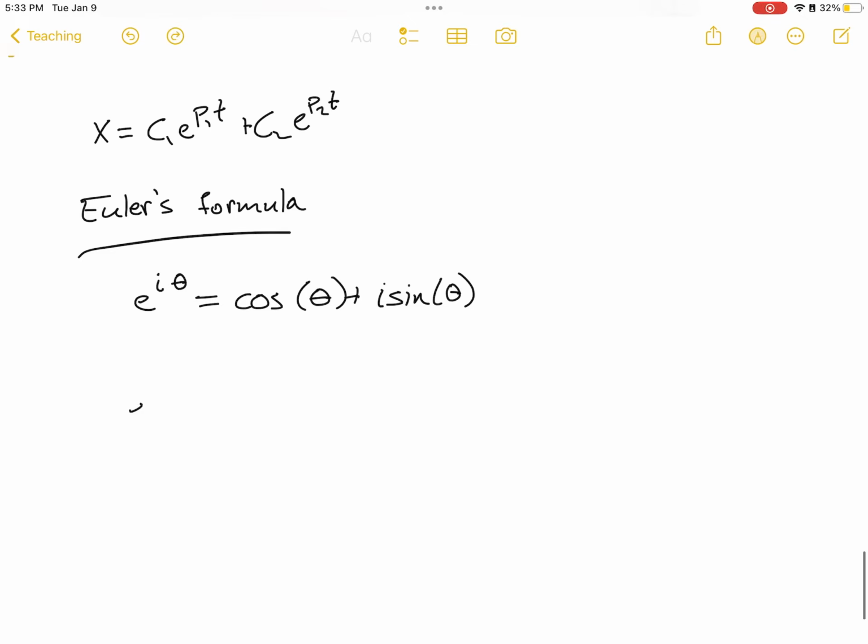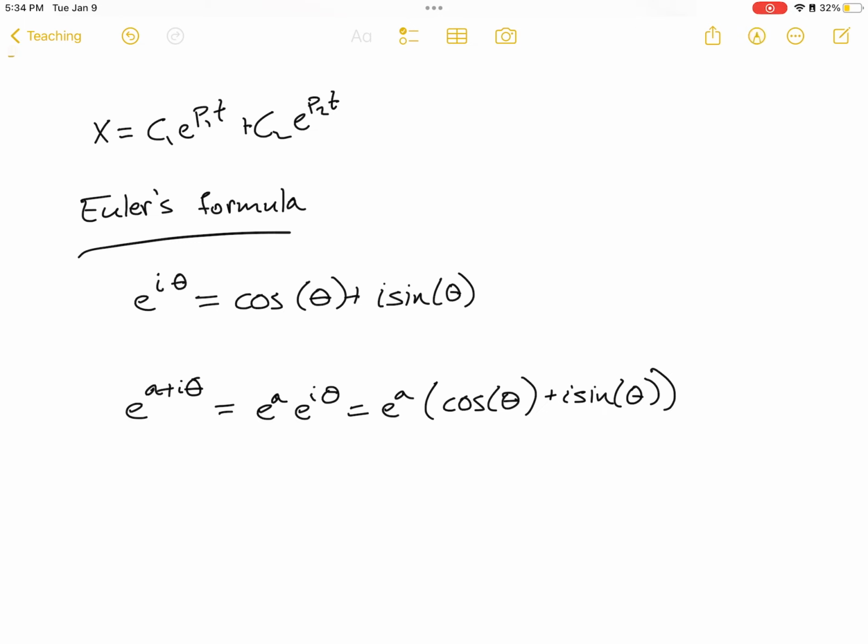If you have e to the a plus I theta, so if your pole is negative zeta omega n plus or minus I omega d, so you've got theta in the omega d slot, then that equals e to the a times e to the I theta, which equals e to the a times cosine of theta plus I sine theta.